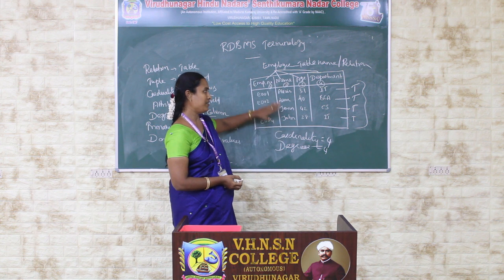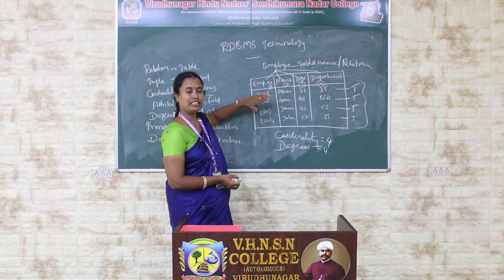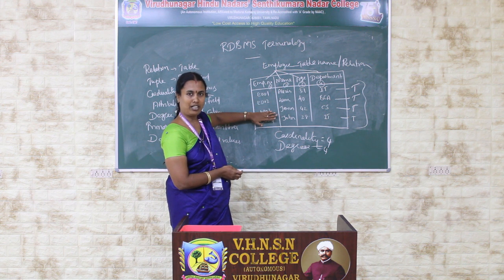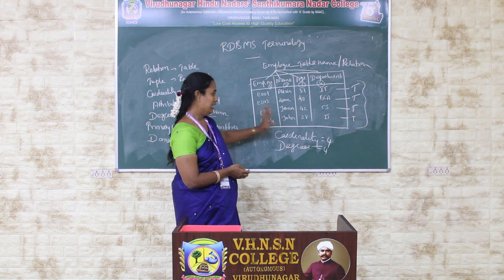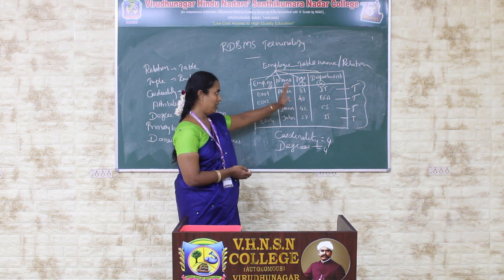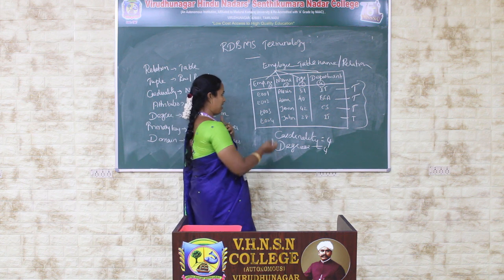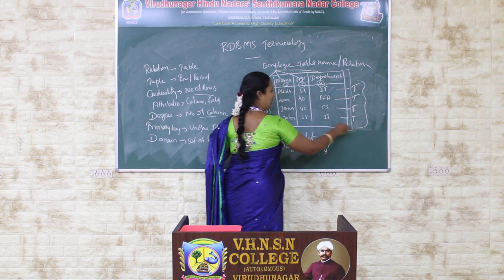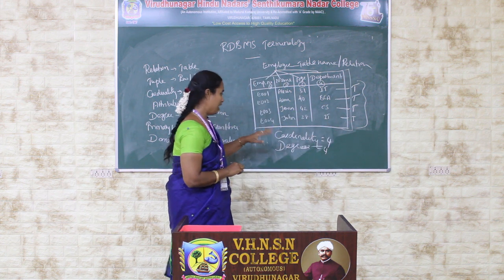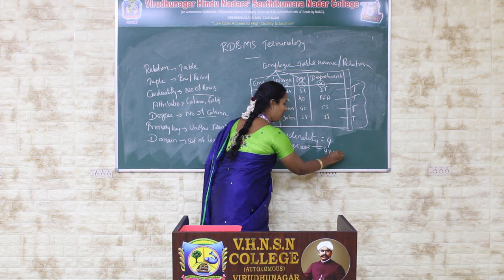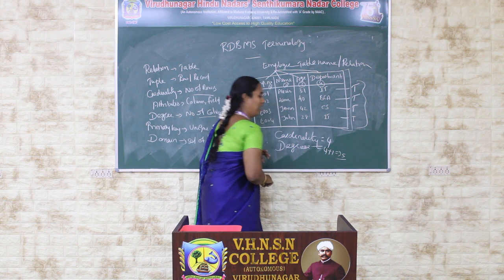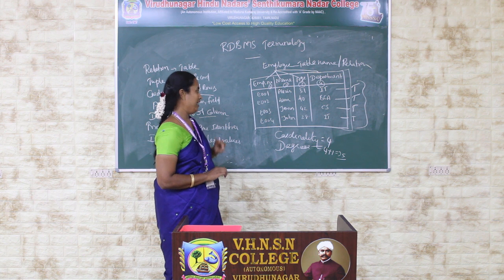Cardinality specifies the number of tuples. In my example, I took 4 records, so the value is 4. Degree also specifies the number of columns. In the example, I specified 4 columns. If I add one more column, the value is increased by 1. So now the degree of this relation would be 5.